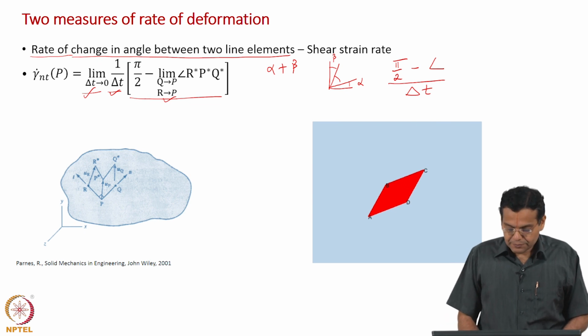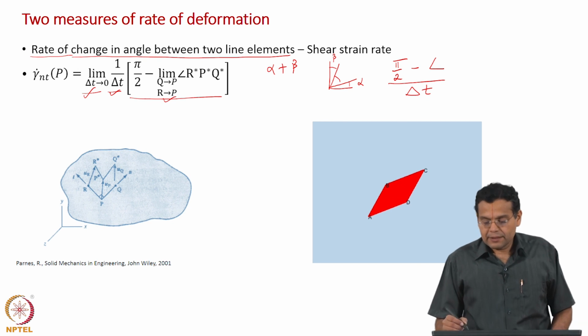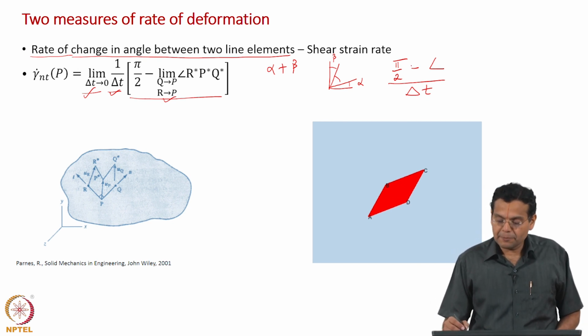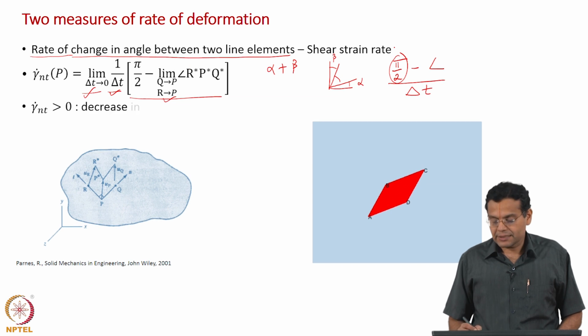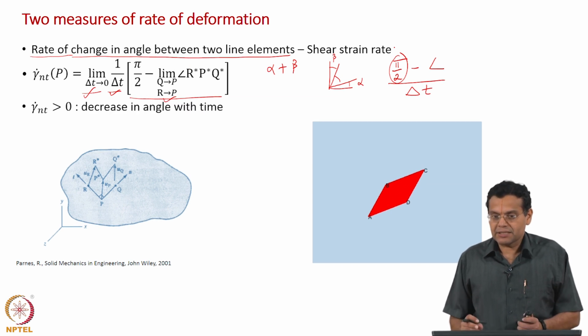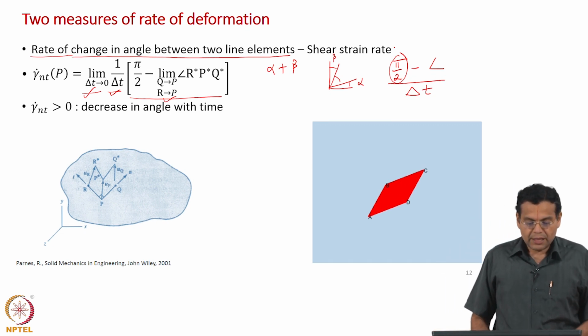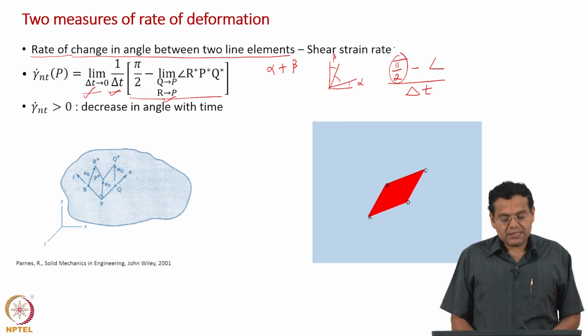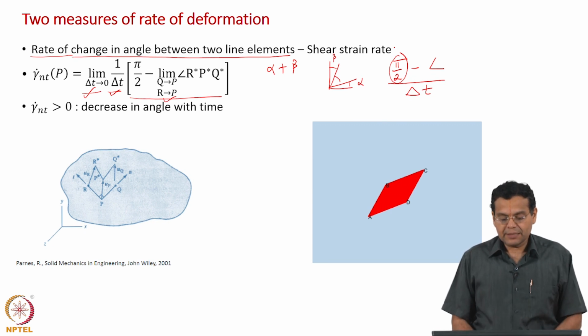Okay. And remember, always it is the change in angle per unit time, and the angle at time t is always pi by 2. Okay. So, in this case the shear strain rate strictly applies only to the initial time instant, not as it progresses. Okay. Of course, if the shear strain rate is greater than 0, which means that the two lines have come closer towards each other, there is a decrease in angle between them with respect to time.